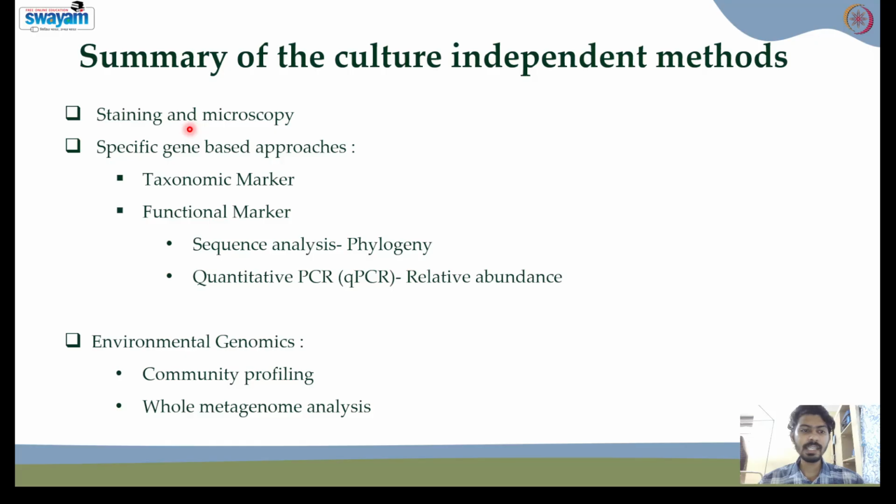We also saw the green fluorescent protein, its advantages and how it is used for microscopy, some limitations of general microscopy, and advanced techniques like fluorescent in situ hybridization, its advantages and types of FISH. So these are all the contents we went through in the last week's live interaction session.